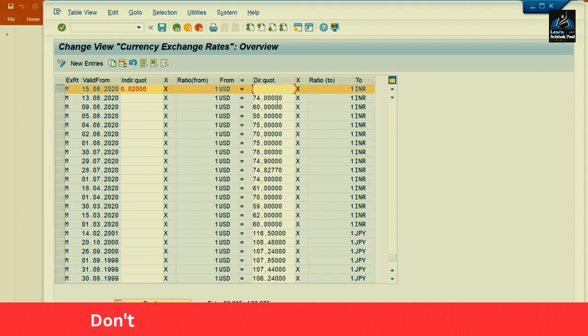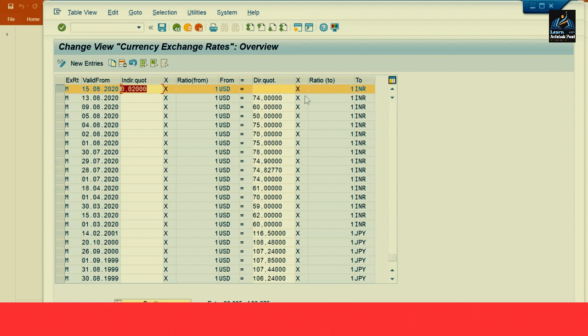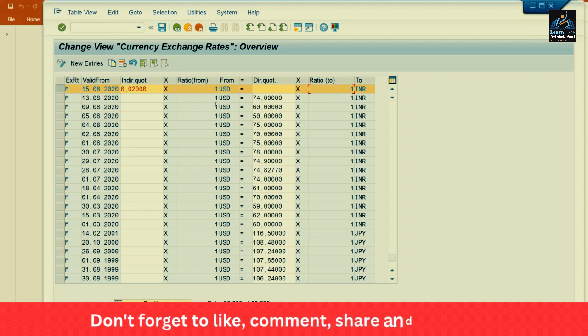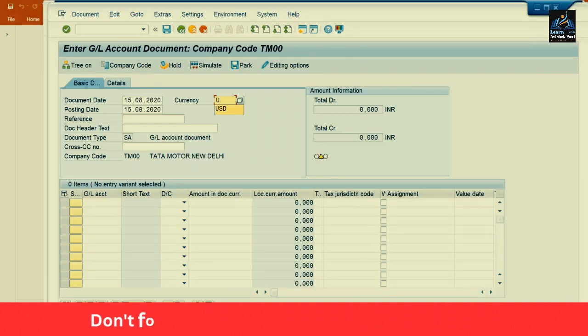So here, instead of 50, I have specified 0.02 USD equals 1 Indian currency. Under this quotation, 1 unit of local currency shows the total value of foreign currency. Here I'm going to give USD.